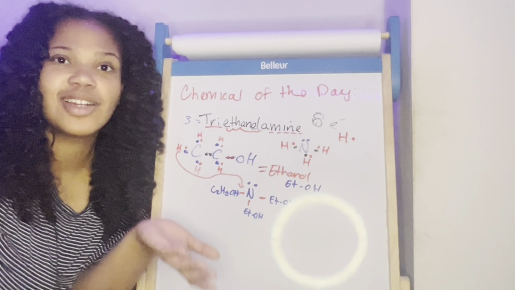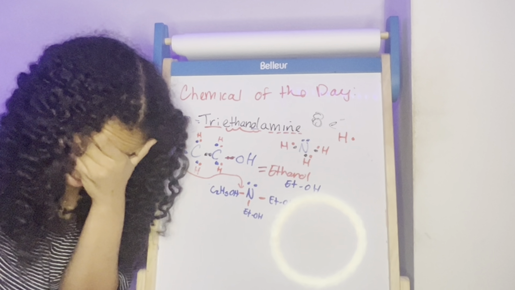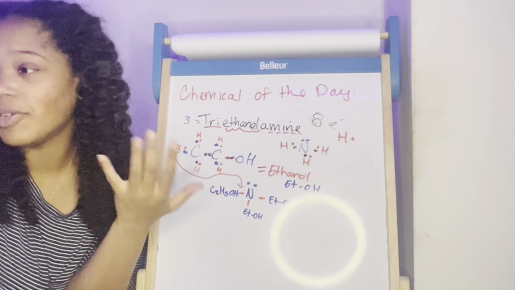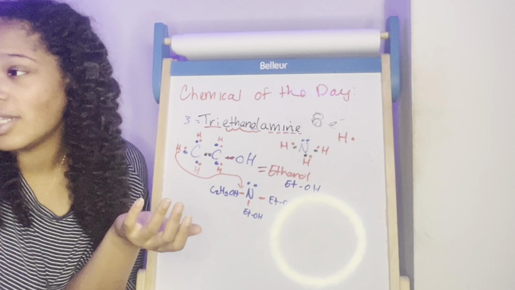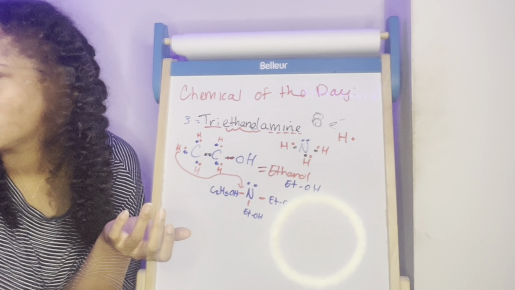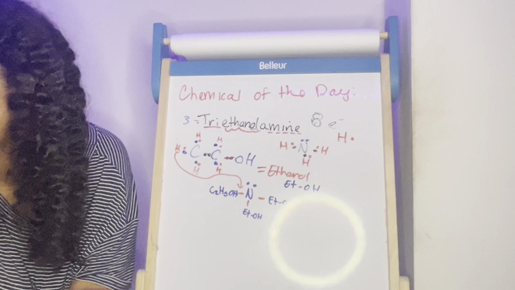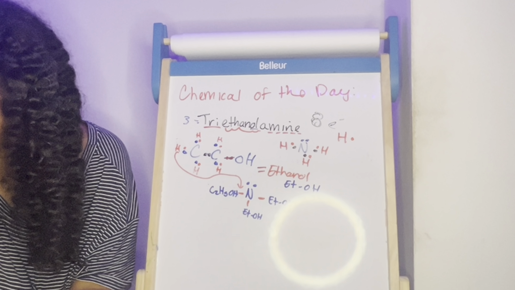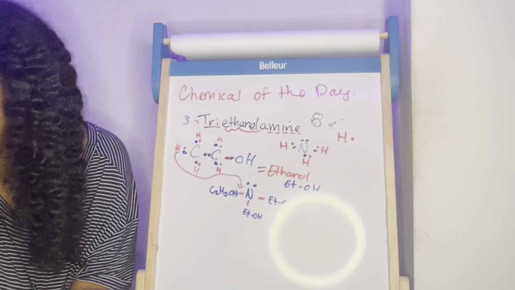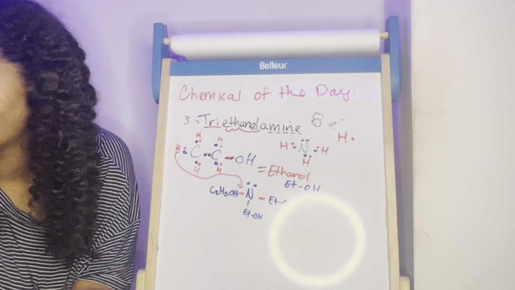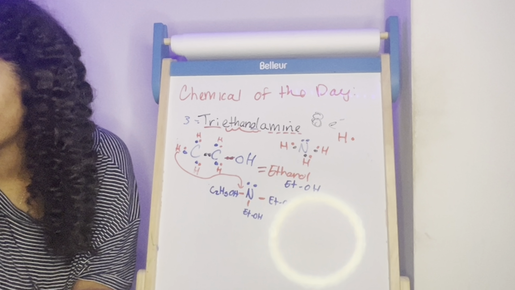At this point, you just gotta go to general chemistry. It's a buffer. And then it's a surfactant. How do I even describe what a buffer is? And it says a surfactant.